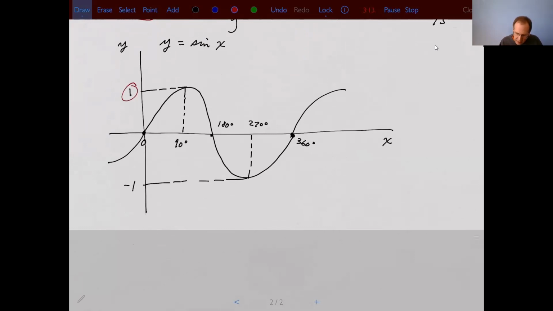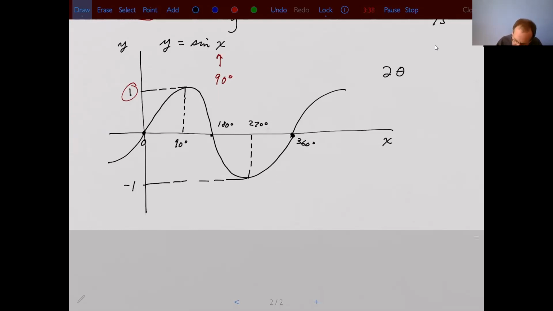So when is sine equal to 1? It's equal to 1 when the argument, x, is equal to 90 degrees. But in our case, the argument was 2 theta, because we had sine of 2 theta.